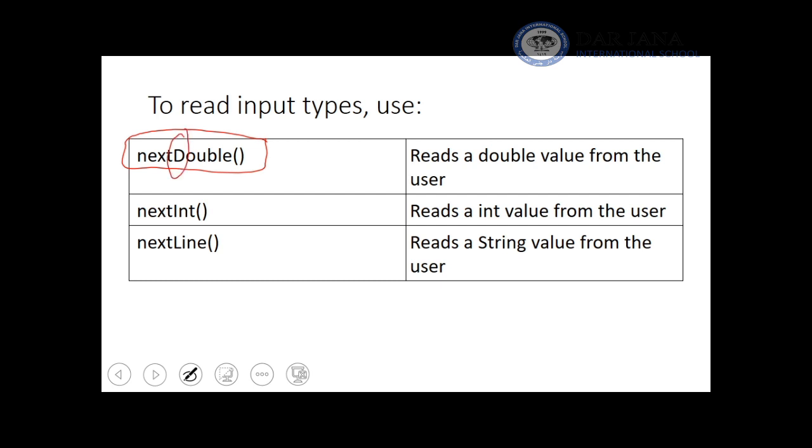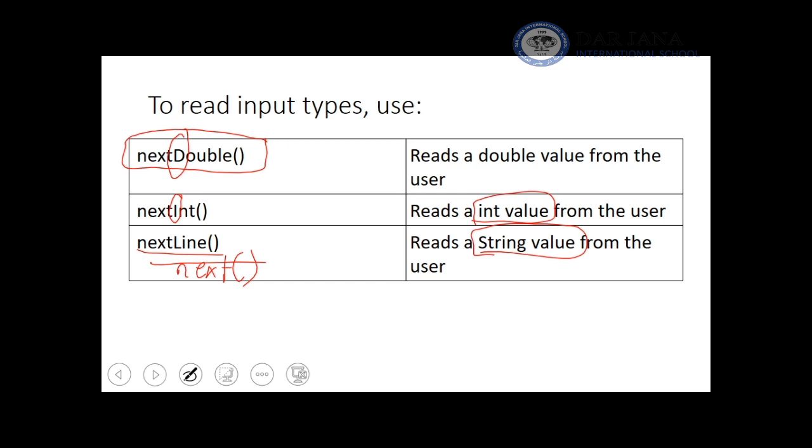It reads a double value from the user. nextInt, also I is capital, is the function to read integer values. Where nextLine is for reading string values. Line stands for reading the whole line, even if there are spaces. You can substitute it by next only, but we will use nextLine to read every string input.